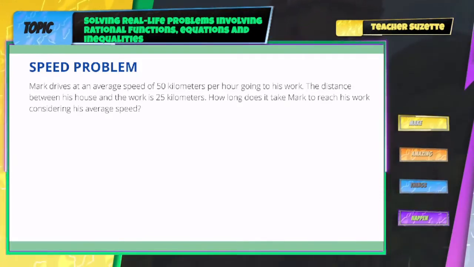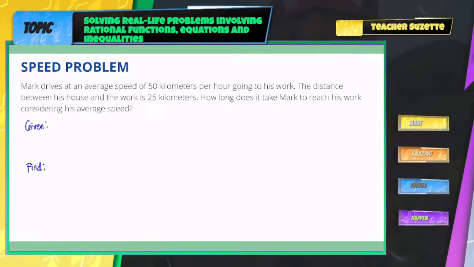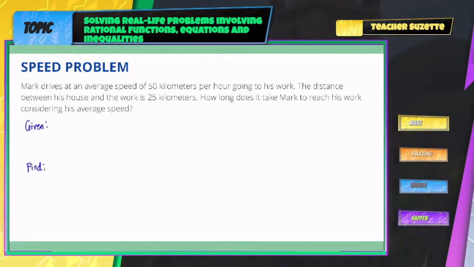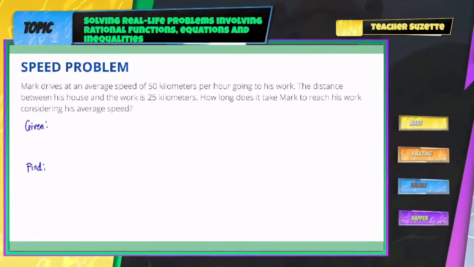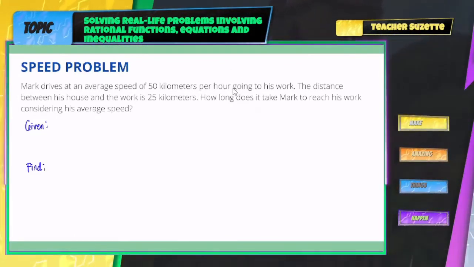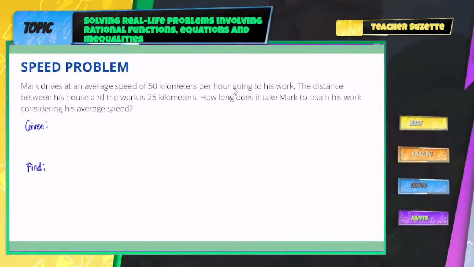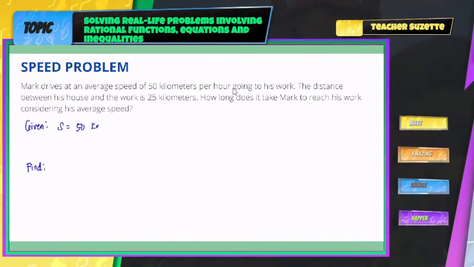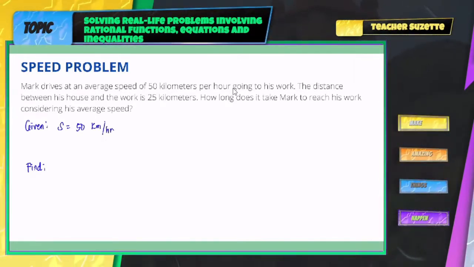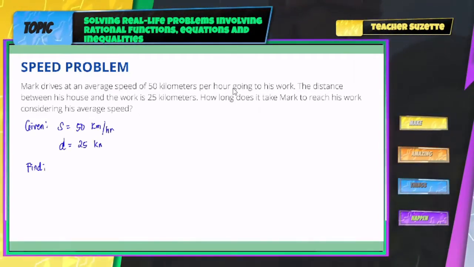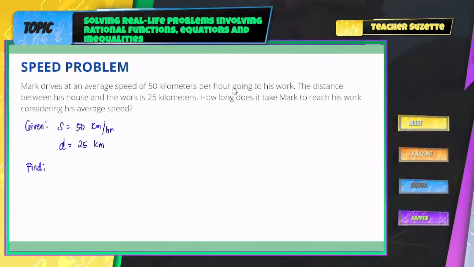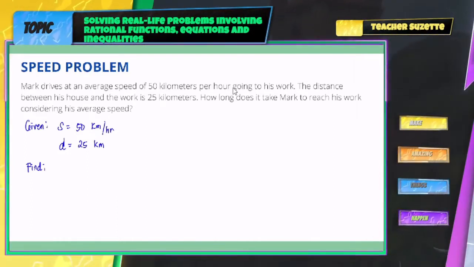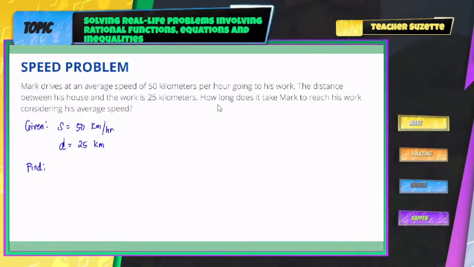Based on our problem, the given is the average speed of 50 km per hour when Mark drives. Another given is the distance of 25 km from his house to work. What we are looking for is, how long does it take?